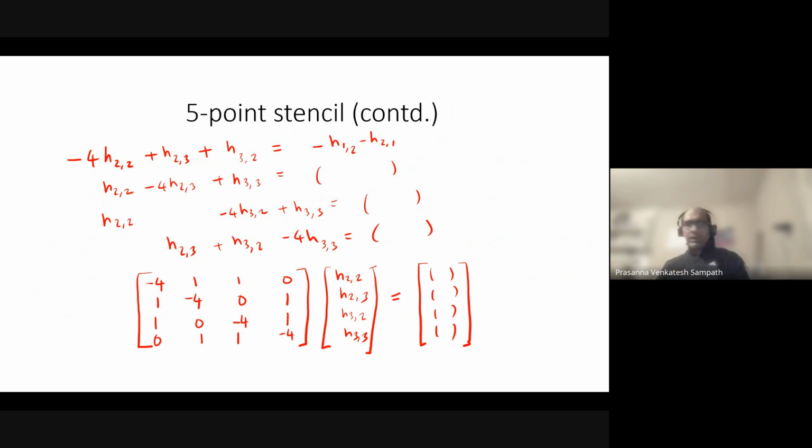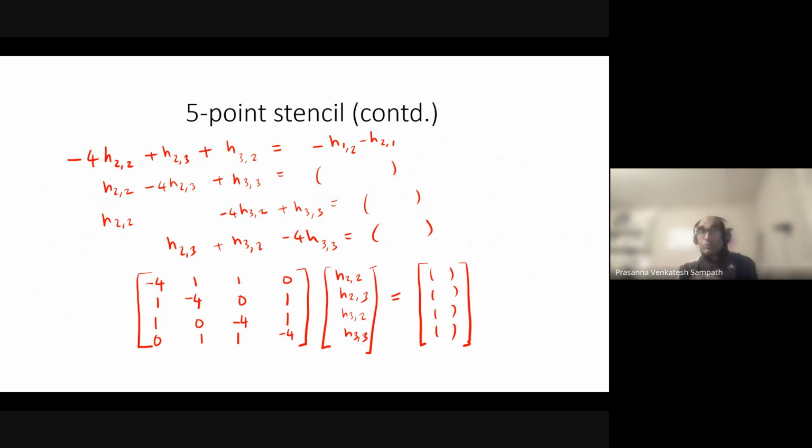No matter what I do, the diagonal terms will always be -4. If we had been a little more careful with the order of equations, we could have got an even nicer looking matrix, but it doesn't matter really. Let's not worry about that.